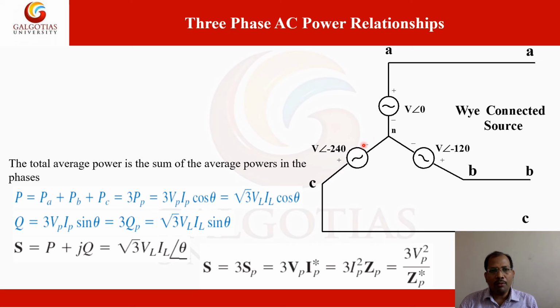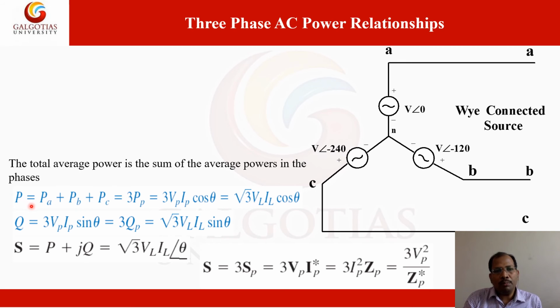So the total average power is the sum of the average power in all the phases. Previously we discussed the single phase AC power relationship; here we discuss the three phase power. If we calculate the single phase power, then we have to multiply by 3 to give the equivalent three phase power. But here, as it is a three phase system, we have to add all the powers, that is P is equal to PA plus PB plus PC.